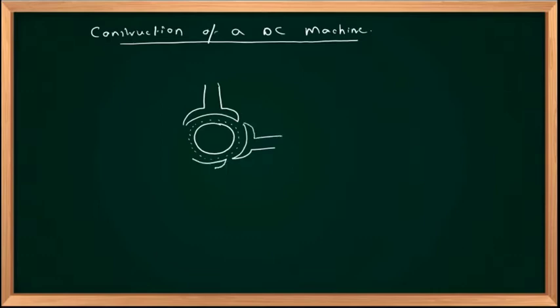I am drawing a 4-pole machine. That means two pole pairs will be there. One pole pair will consist of a north pole as well as a south pole. So consider this as north pole, this will be south pole, this will be north pole, this will be south. So alternatingly, these poles are named.